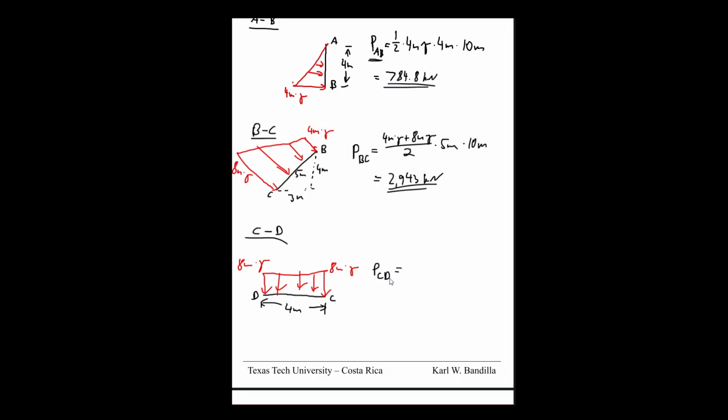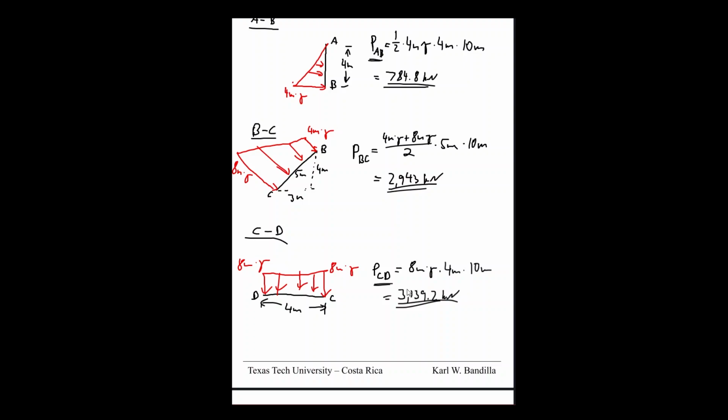The area of the rectangle is just 8 meters times gamma, and not plus, times the length, 4 meters, and then times the width, 10 meters. And that gives me 3,139.2 kilonewton.